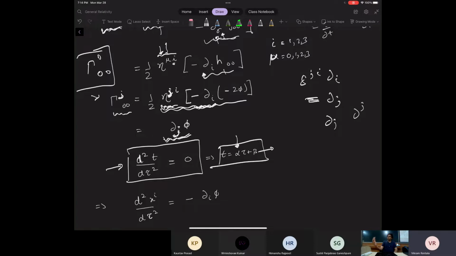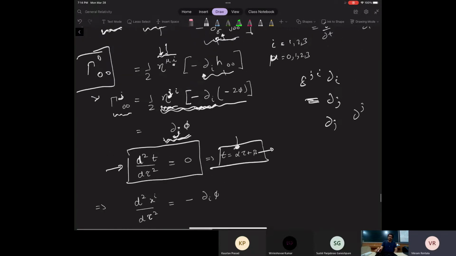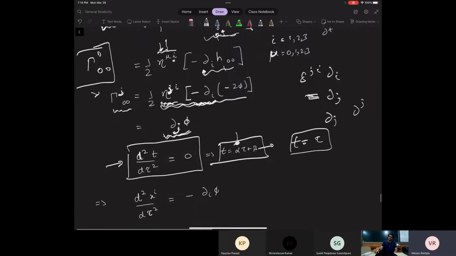So I'll measure it in minutes, let's say. So this is kind of trivial. You're really measuring the proper time of a particle. So we can choose to set t equal to τ by choice of these constants.